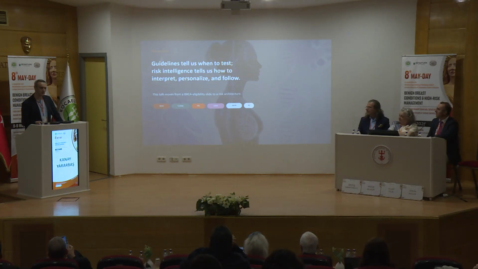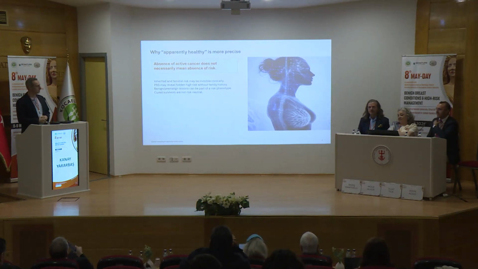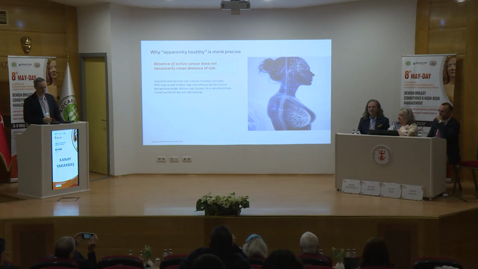Risk intelligence tells us how to interpret and, most importantly, how to personalize and how to follow. So future practice is moving from BRCA testing or germline or genetic testing eligibility to a risk architecture. Why is apparently healthy more precise for me? Because absence of active cancer does not necessarily mean absence of risk.